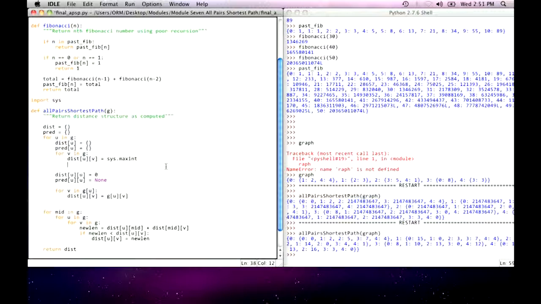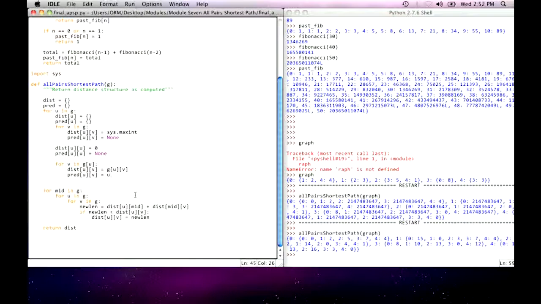Well, anytime that I assume that the distance between u and v is infinity, it's exactly at that time that I would say I have no information about the predecessor link. So that makes sense to me. Finally here, when I know that I've got an actual edge, I need to record the fact that the predecessor from u to v is u. That small little change is all I need to do to update the predecessor set.